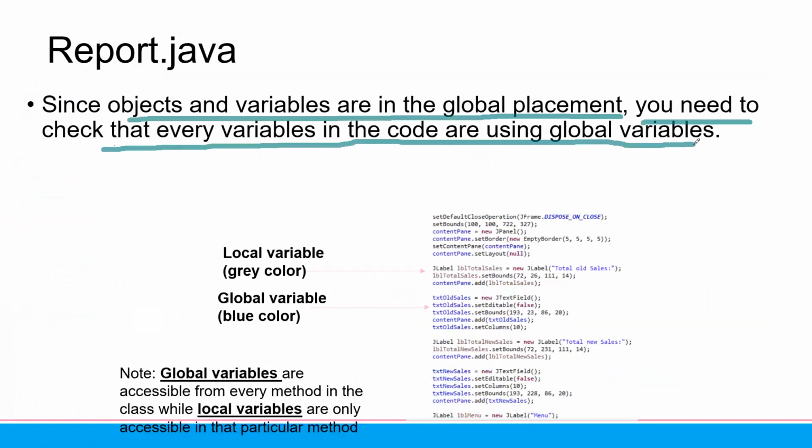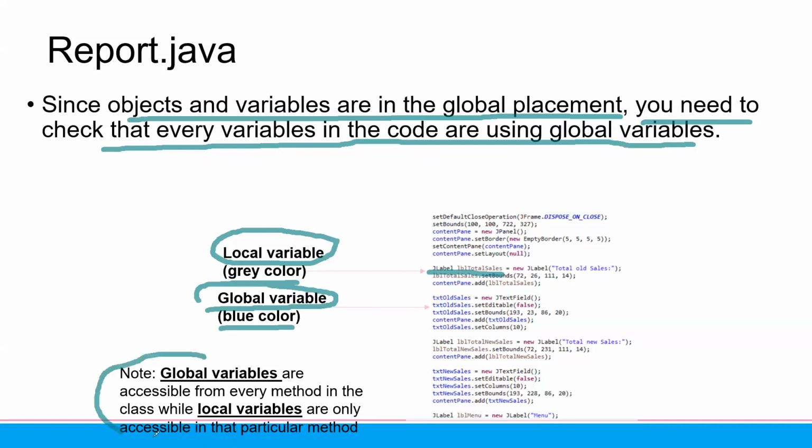You can see in my explanation, if it is a local variable, it will be in gray color. If it is a global variable, it will be in blue color.